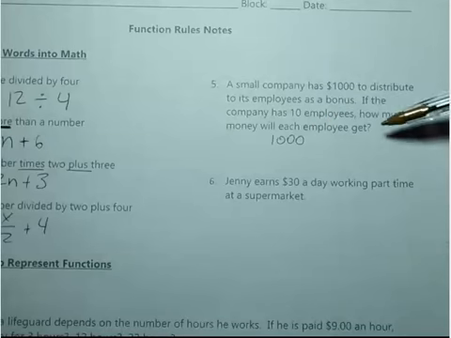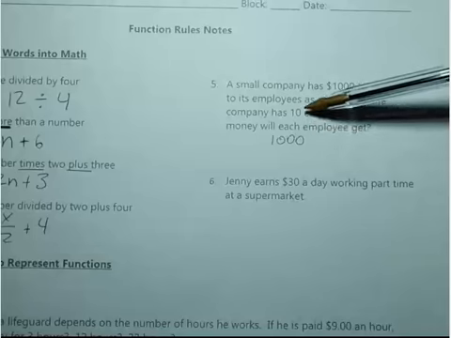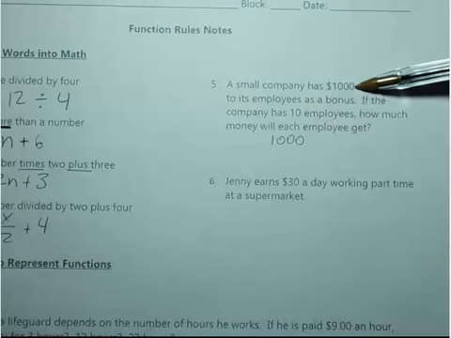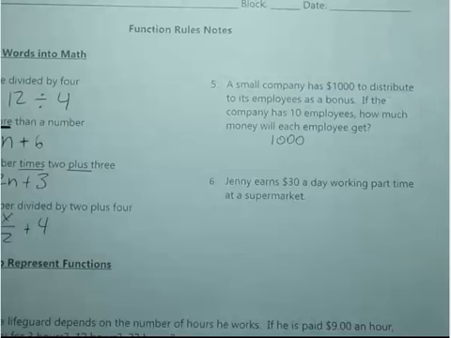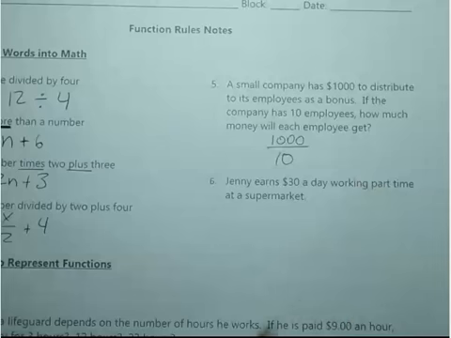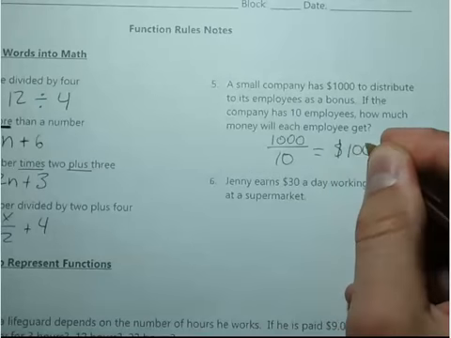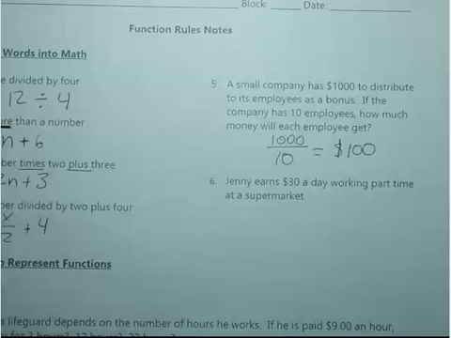Well, the company only has $1,000 to disperse to 10 people. So if we multiplied this by 10, we would get 10,000, which doesn't make any sense because we only have $1,000. So we're going to have to divide that by 10. So each employee should get $100 as their bonus.